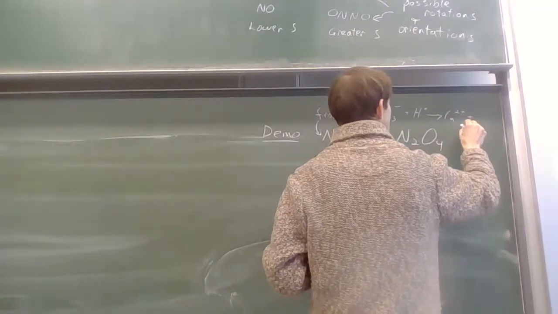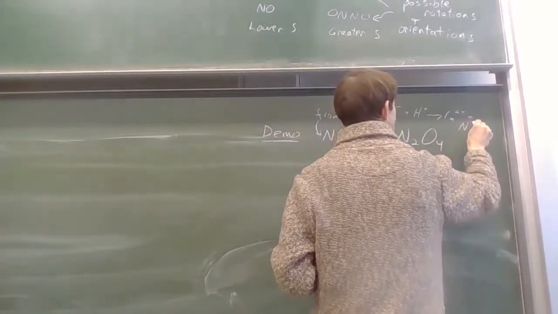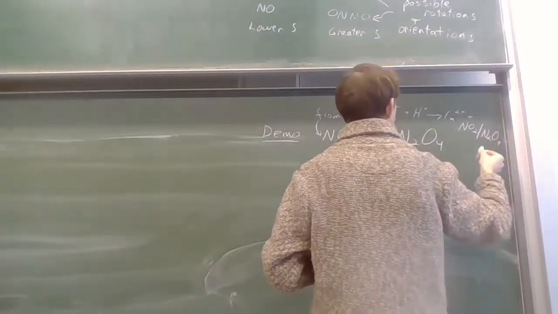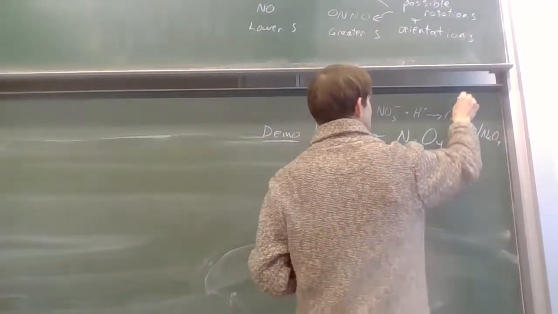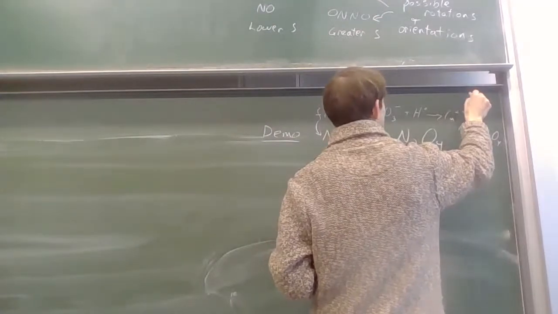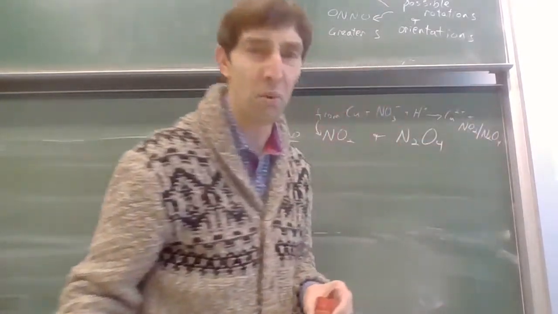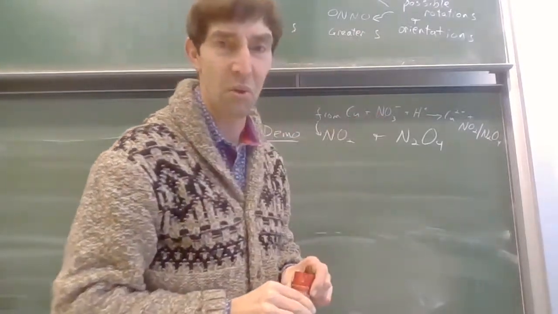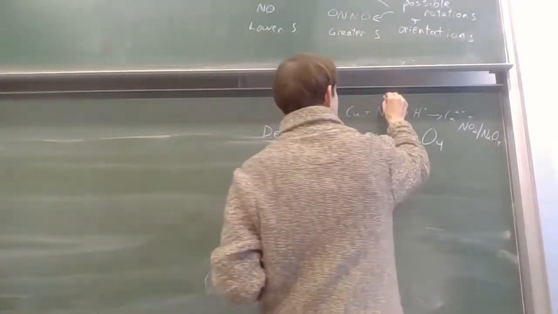I get some NO2 and N2O4, both of those form. And I probably get some other stuff, maybe some water or something, I don't know. Anyway, it's not a full reaction, but that's how I got it. I add some copper metal and I throw it into nitric acid.